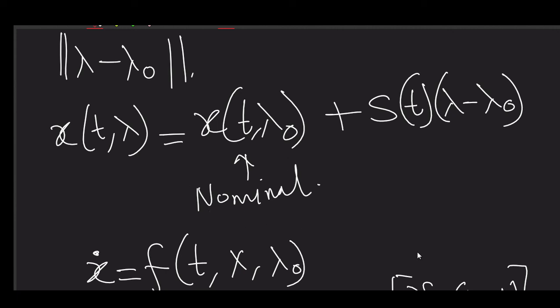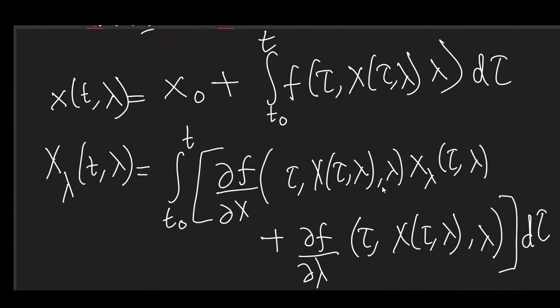That means S comprises actually del x del lambda. So therefore, what we need to consider here is where this s dot t comes from, that is this one. So this is x.